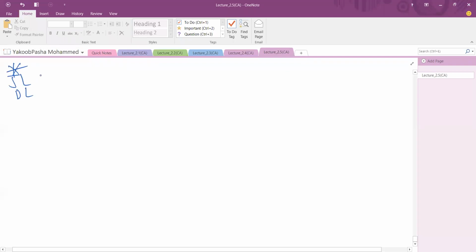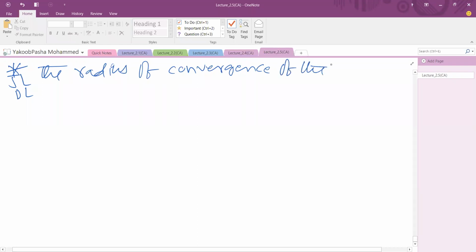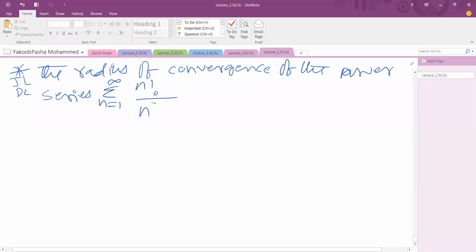The radius of convergence of the power series, summation n is equal to 1 to infinity, n factorial by n power n, z power n.